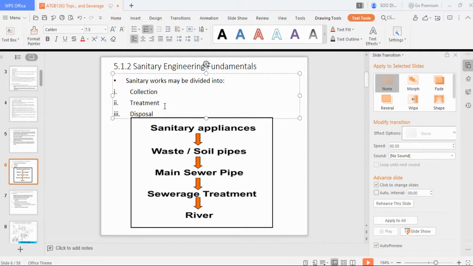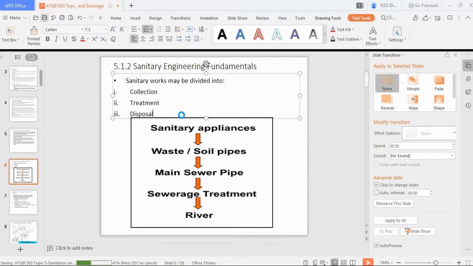It is at your sewage treatment plant where this wastewater is treated, and then once it's treated, you will have two end products. One is clean water, another one is your sludge. You have to dispose of these two end products.